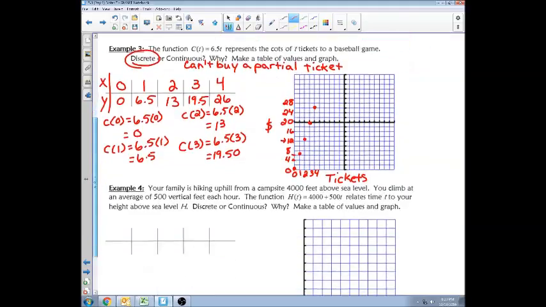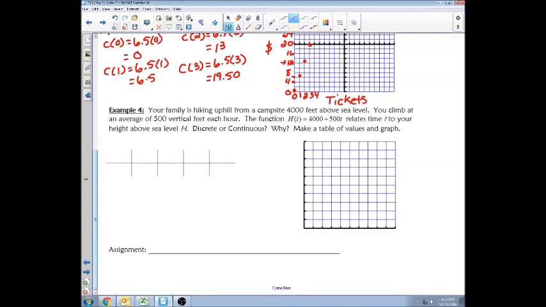Okay? Your family is hiking uphill from a campsite 4,000 feet above sea level. You climb an average of 500 vertical feet per hour. The function h of t, or hours, h of time, is equal to 4,000 plus 500 t. It relates time, t, to your height above sea level, h.